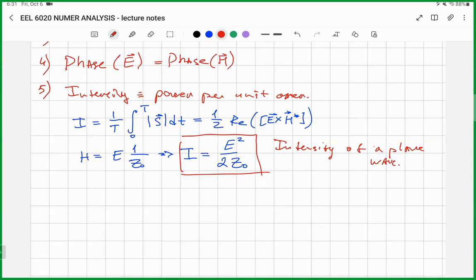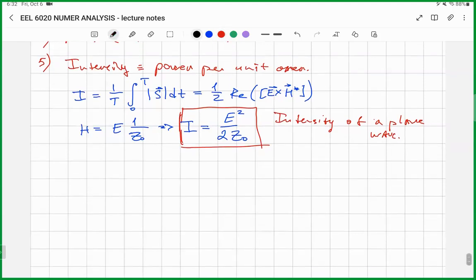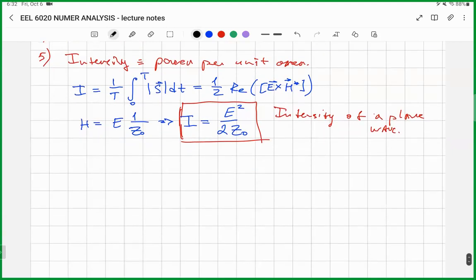So let us consider this average of the Poynting vector somewhat more closely, in more detail.